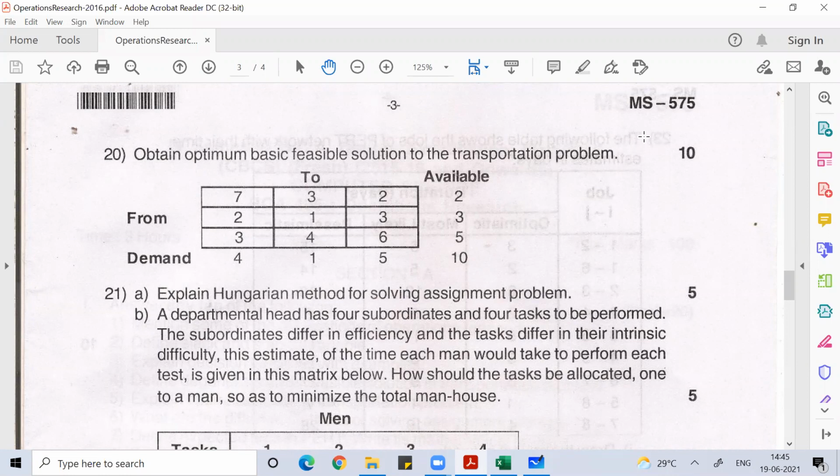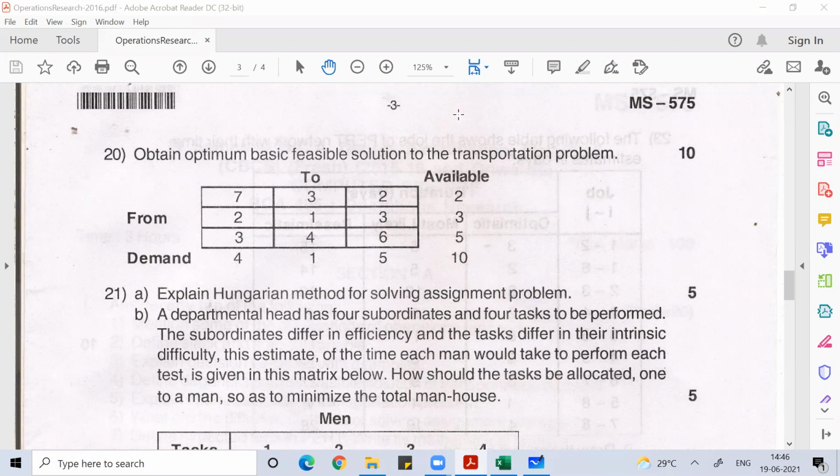But guys, one thing you need to understand: by using any method you can find the initial basic feasible solution. But out of the three methods, northwest corner method, matrix minima method, or Vogel approximation method, the one that gives you the value very close to optimality will be the Vogel approximation method only, guys.